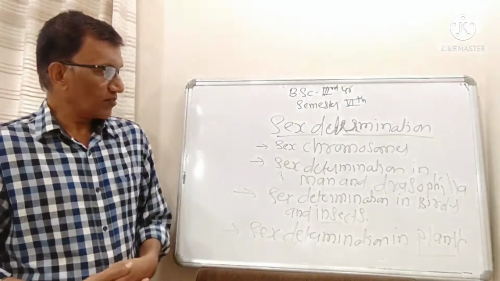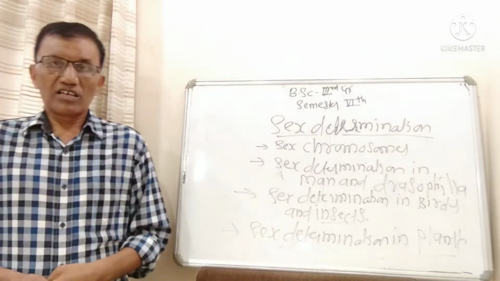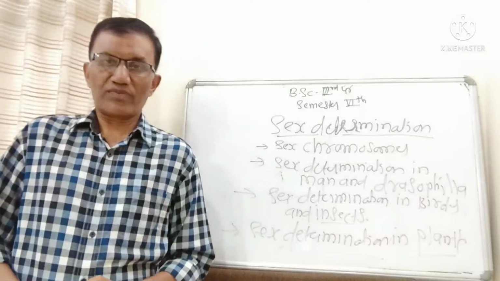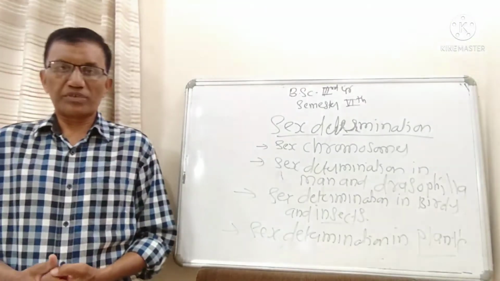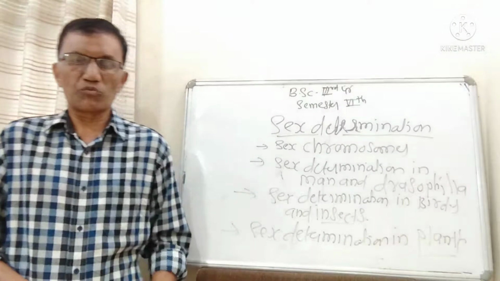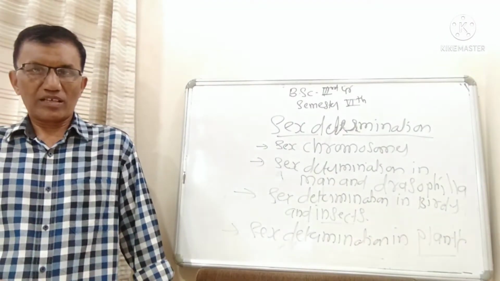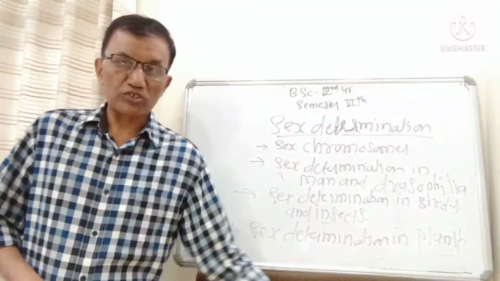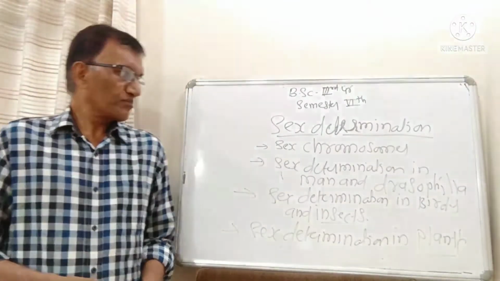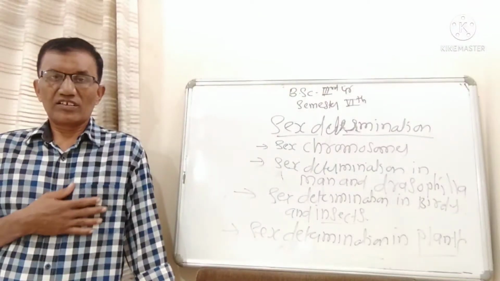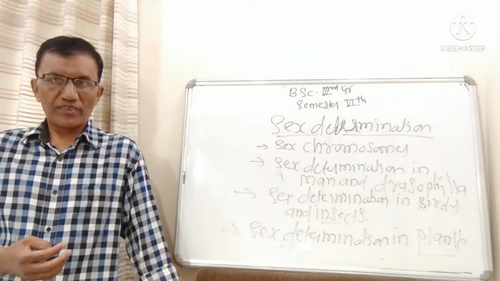So this is about sex determination. As we know, in most monoecious and dioecious organisms, the sex of an individual is determined by particular factors. For example, how the male is developed, how the female is developed.